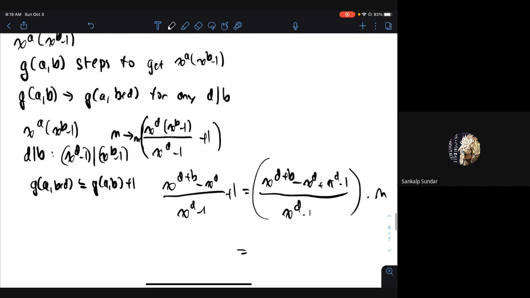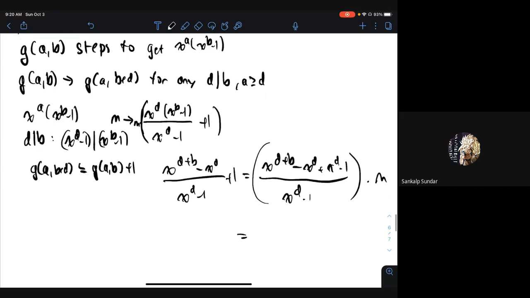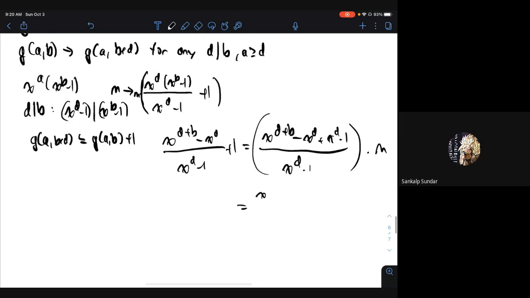Oh, we're also assuming here that a is greater than or equal to d, by the way. So we have x to the d, x to the b minus 1 as a divisor. And since x to the d minus 1 is a divisor of this divisor, it is a divisor of the whole thing. So we have a divisor x to the d, x to the b minus 1 over x to the d minus 1, plus 1. Now by rearrangement, it becomes x to the b plus d minus 1 over x to the d minus 1 times m.